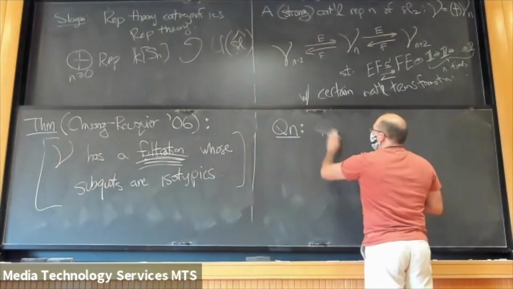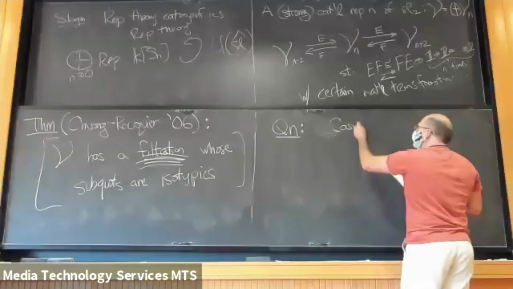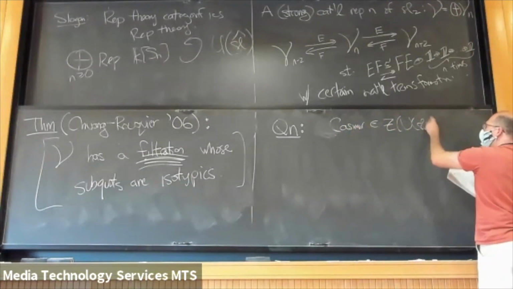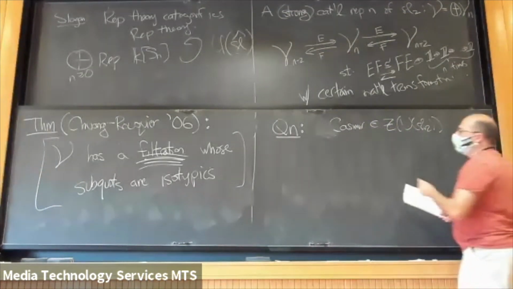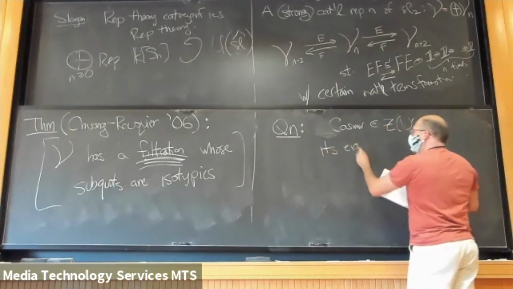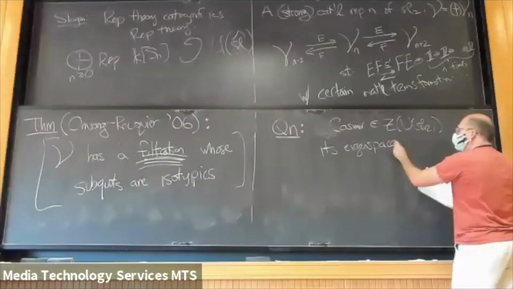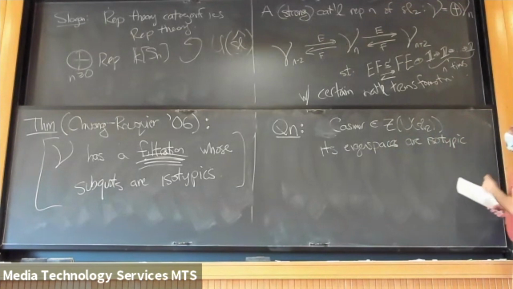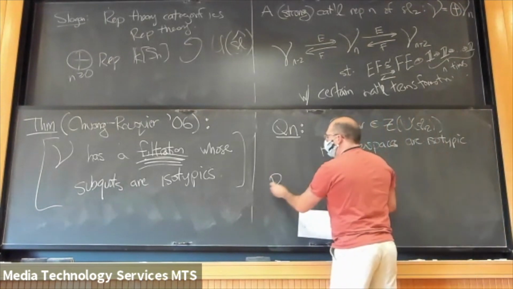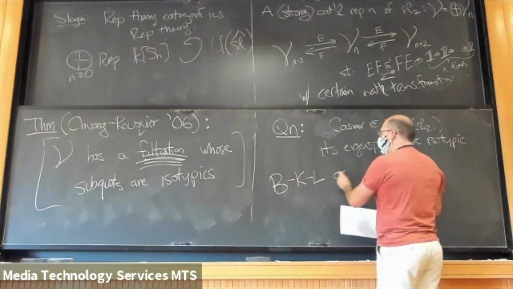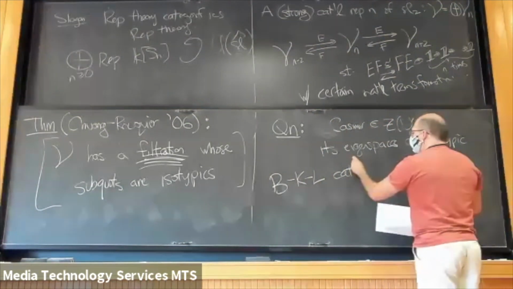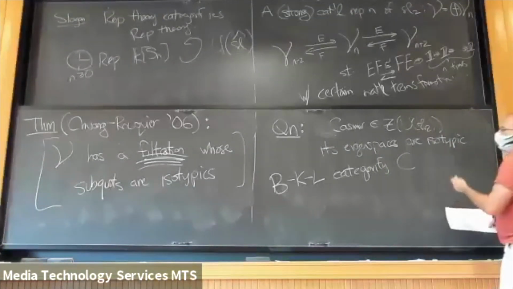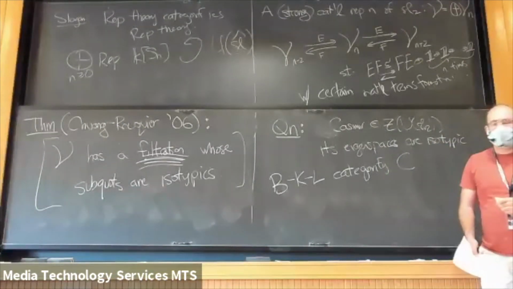There's this Casimir operator, which lives in the center of SL2, and its eigenspaces are the isotypic components. Beliakova, Khovanov, and Lauda managed to categorify this Casimir element with some complex of functors. It was a little technical.